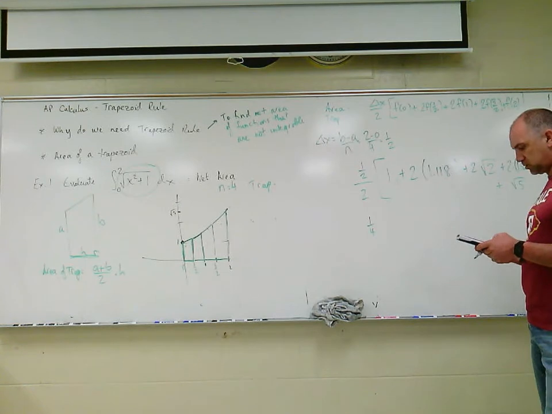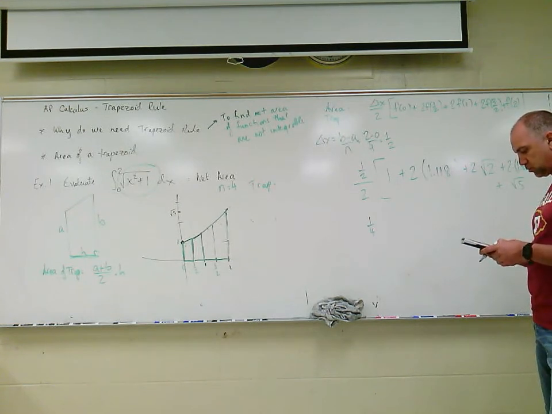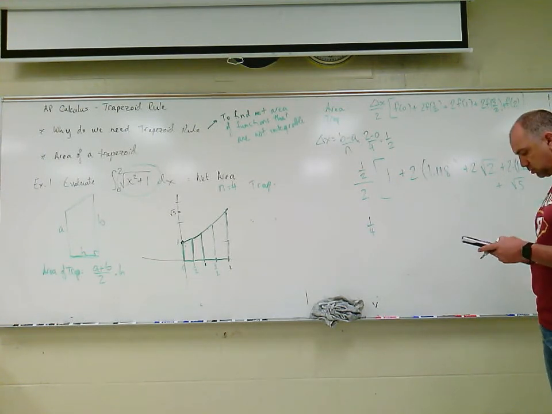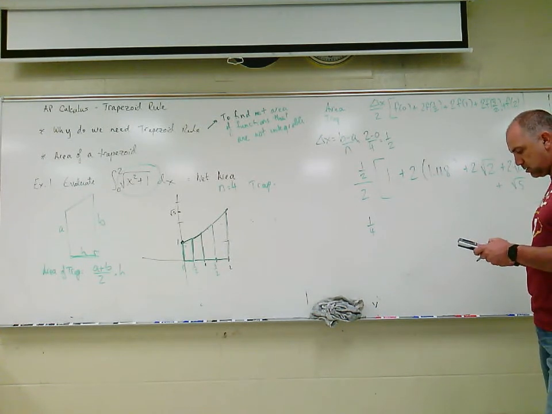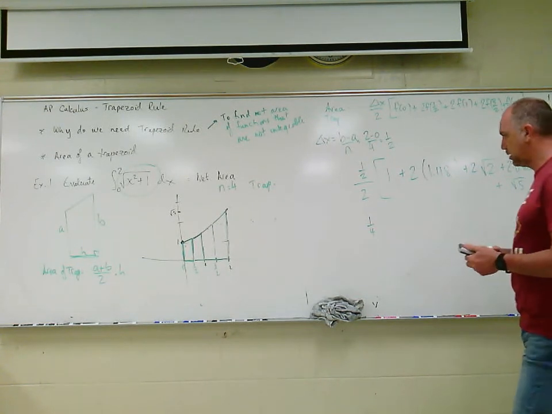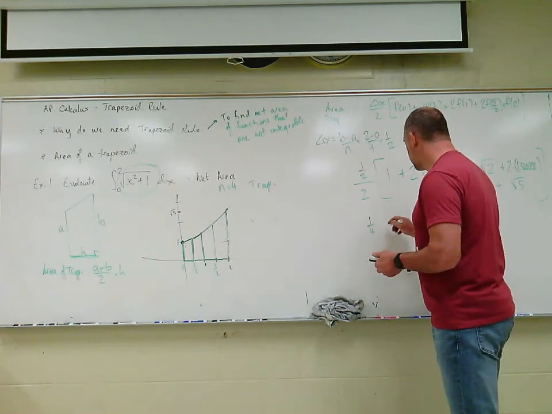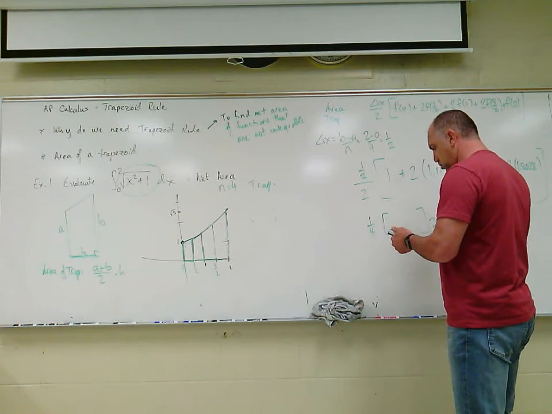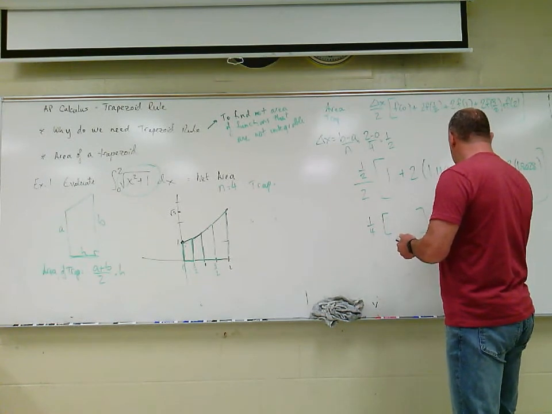So 1 plus 2 times 1.118 plus 2 square root of 2 plus 2 times 1.8028 plus square root of 5, and 1/4 times all of that is approximately 2.976.